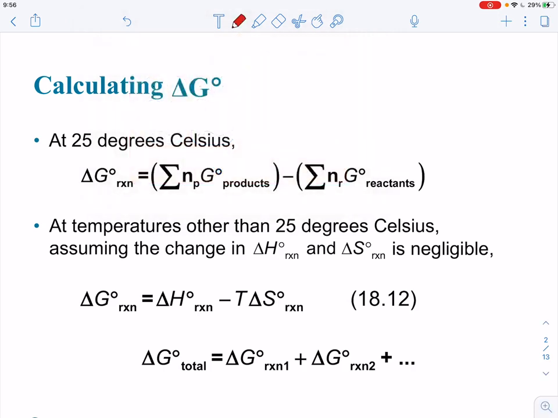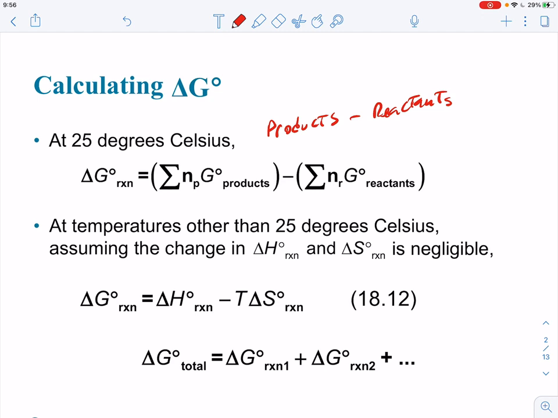Okay, so the first one I would call the easiest one because it uses the free energies of formation of the substances participating in the reaction. And this is similar to what you have done before, particularly in 170, because this is going to be products minus reactants. So the free energies of formation for the products minus the free energy of formation for the reactants.